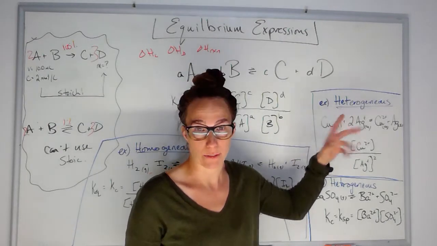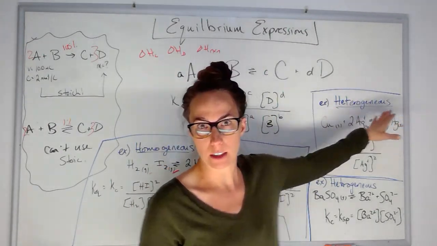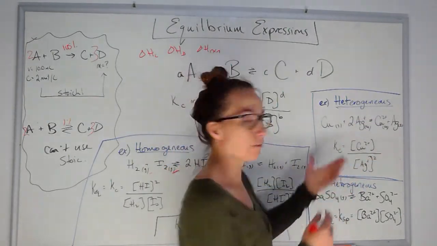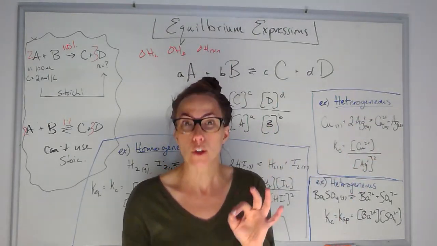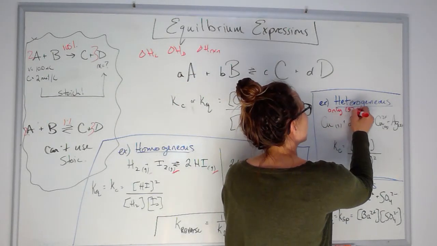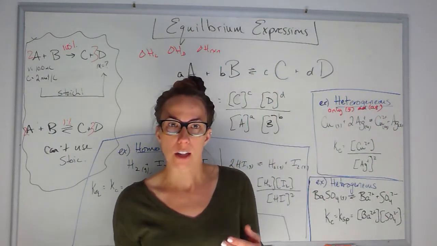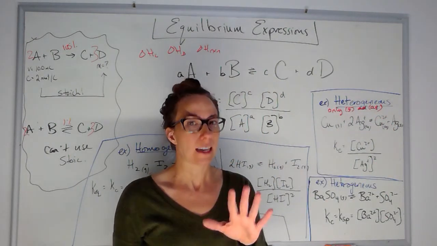Heterogeneous are a little bit different. So hetero means different. So if I have different states in my equilibrium, for example here, I don't include them all. I only include gas and aqueous. So anything that's solid or anything that's liquid doesn't get included.